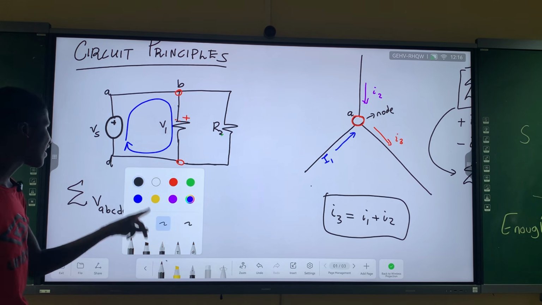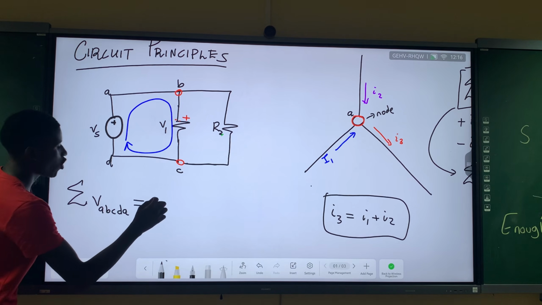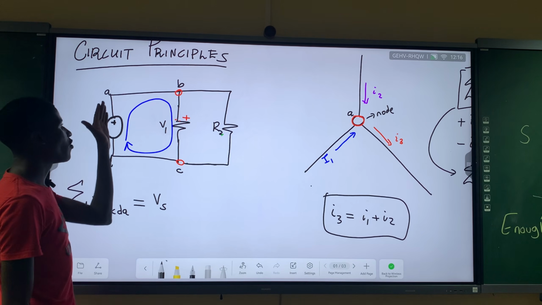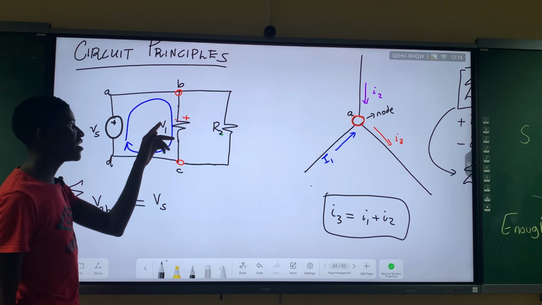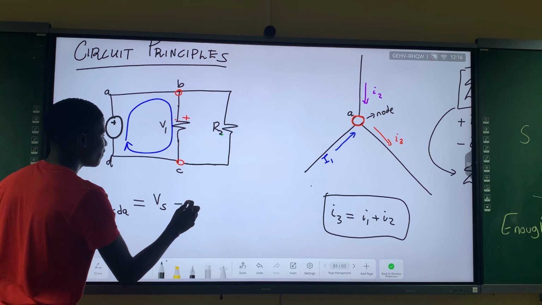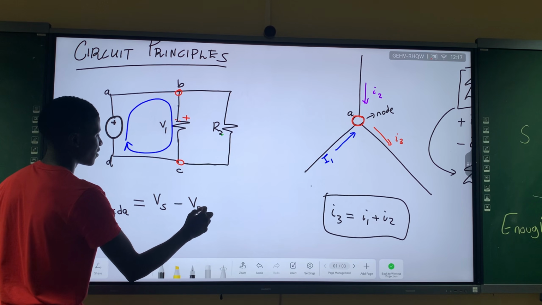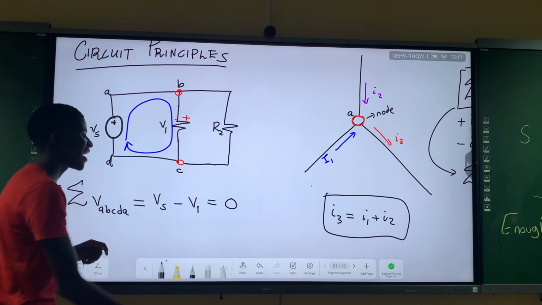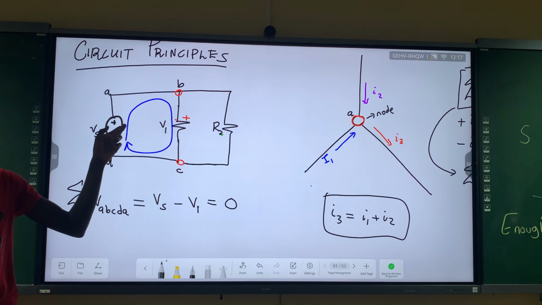So when we are adding here, the voltage of the source, this is the voltage of the source, and then we go to the voltage of the resistor. The resistor will have a voltage in negative. Okay, in this case, V1. In this case, that is all the resistors that we have in the loop here.